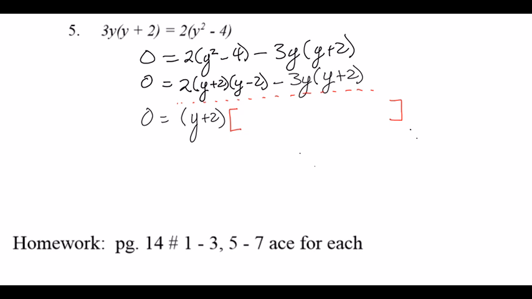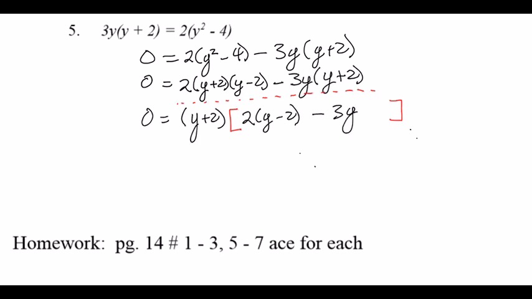We might have to do some simplification in the next bracket. So when we pull out a y plus 2, we end up having left over 2 and then y minus 2. And then we also have 3y, and if we divide that by y plus 2, we end up with minus 3y.